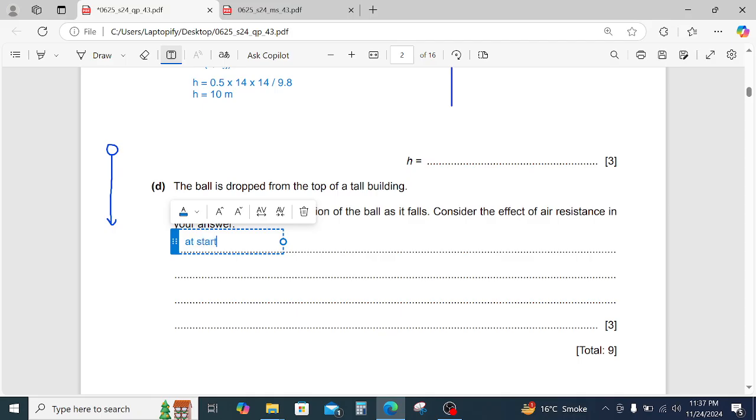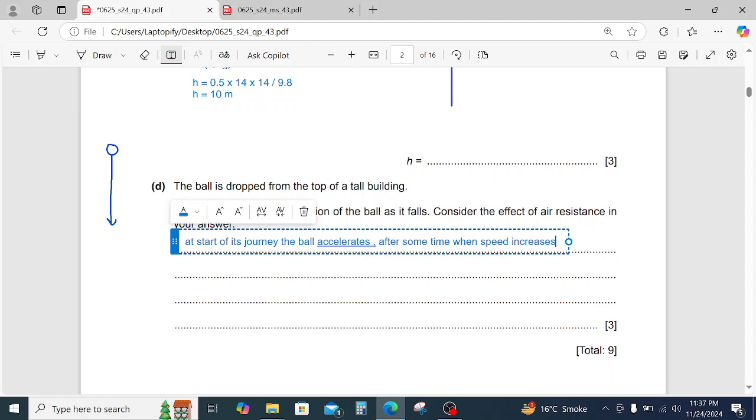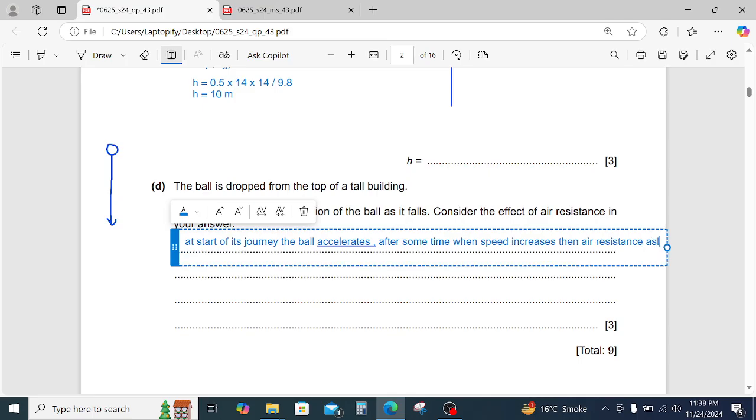At the start of its journey, the ball accelerates. After some time, when velocity or speed increases, then air resistance also increases.